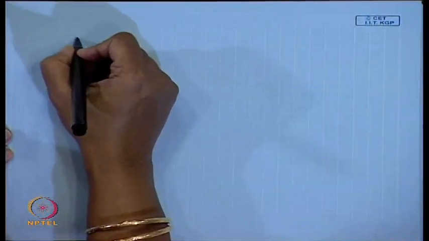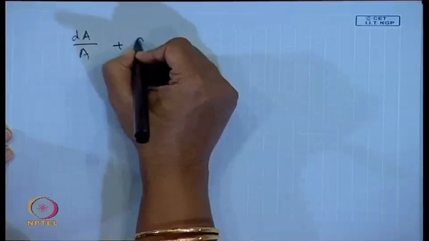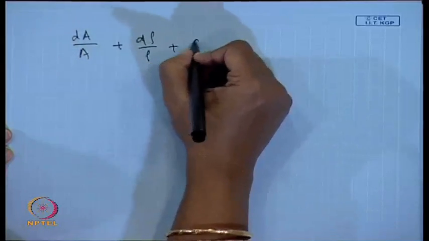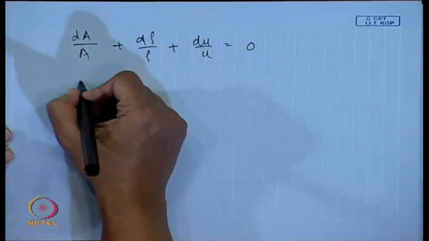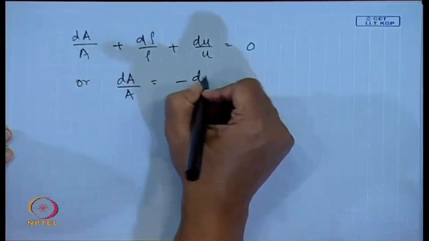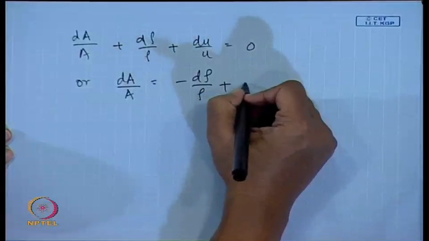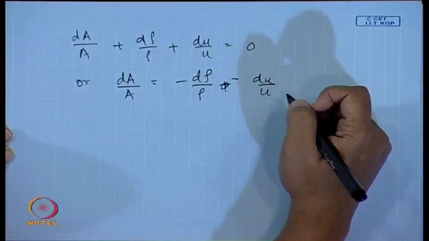It gives us dA by A plus d rho by rho plus du by u equals 0, or in other words, dA by A is nothing but minus d rho by rho minus du by u.